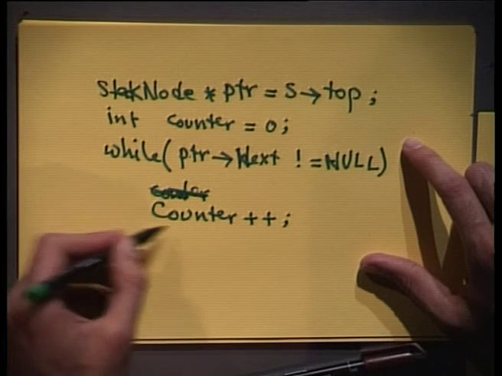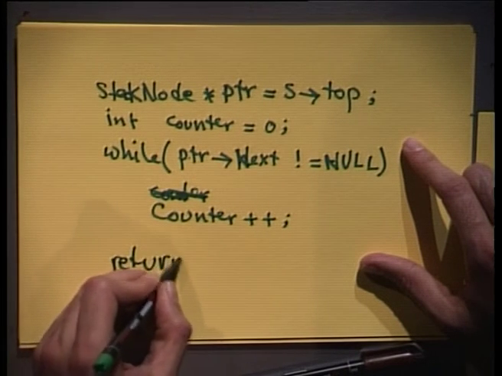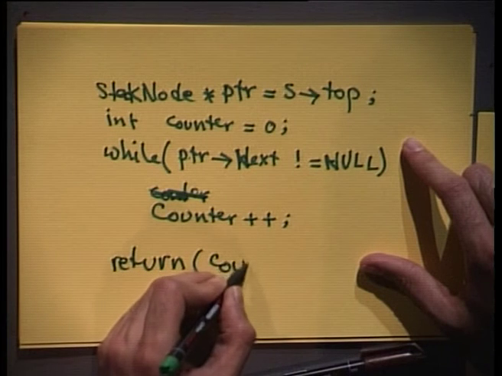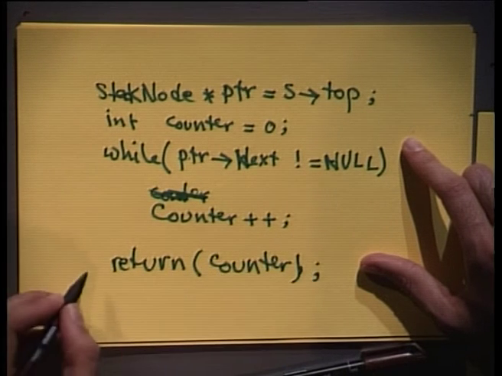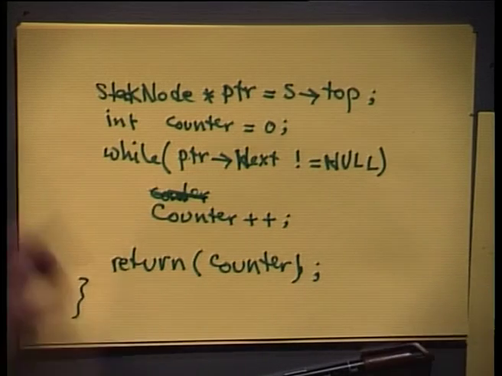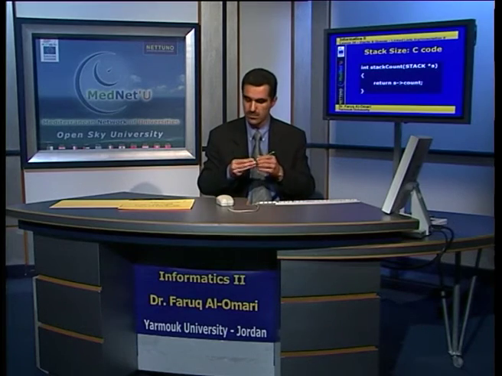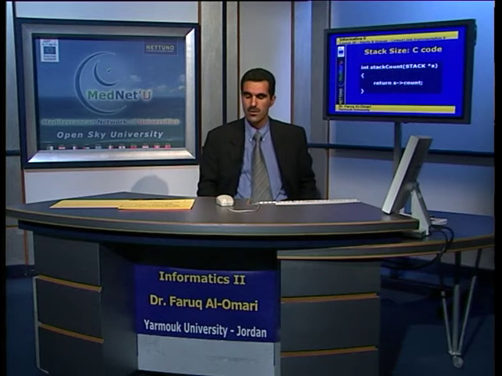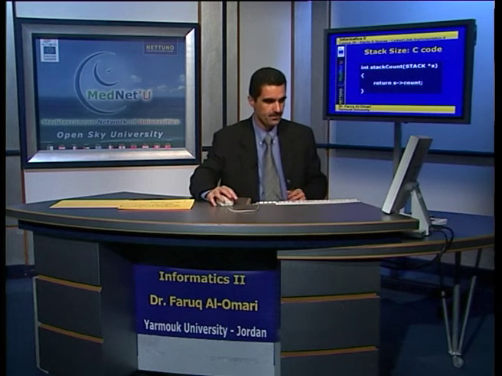And that's basically what I have in this while loop. And then I'm going to return counter. Something like this, actually. Maybe we need to check the first one to see whether I need to start from 0 or 1, but that's not a big deal. You can check that yourself.